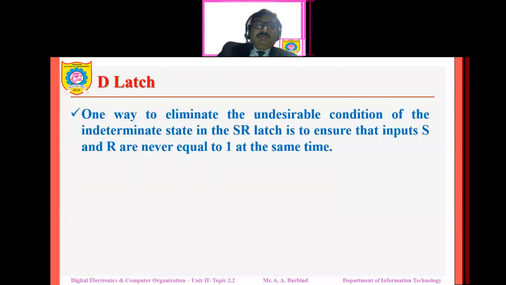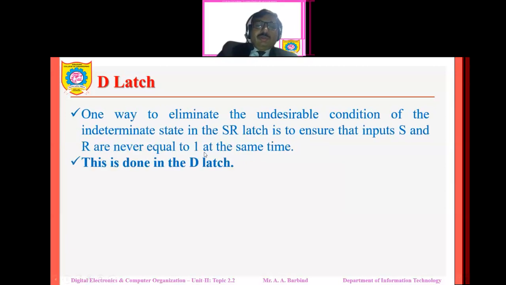Okay. Now let us see the D latch. Okay, that is also called the data latch. One way to eliminate the undesirable condition of the indeterminate state in the SR latch is to ensure that the inputs S and R are never equal to 1 at the same time. So this is done in the D latch.